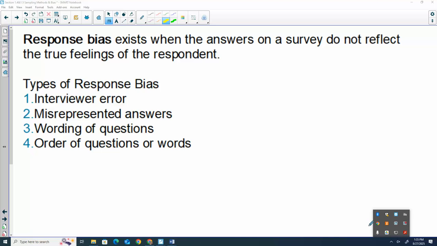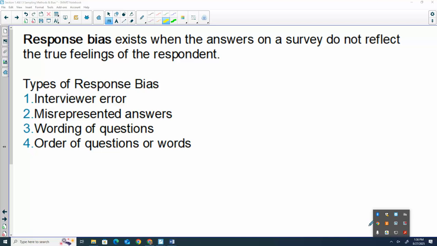So interviewer error, maybe I'm asking you a question but I'm phrasing it so that you answer a certain way, so that could be an issue. Misrepresented, maybe I'm writing down your answers and I just write it down wrong. The wording of the questions, if you don't understand how it's read, the order of the questions can make a difference sometimes.